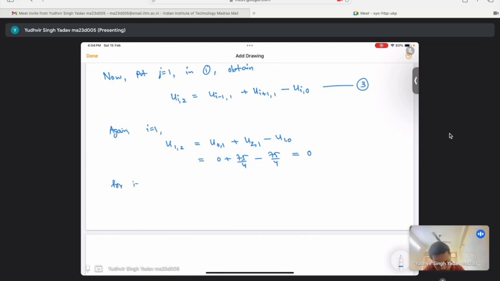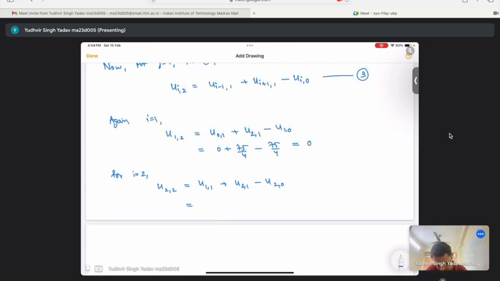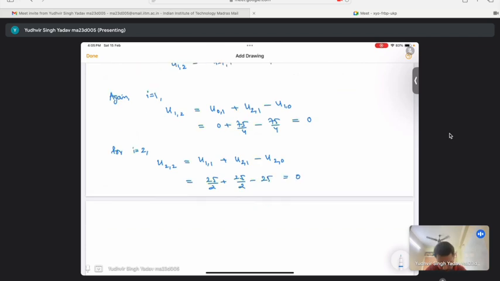For i equals 2, we have u(2,2) equals u(1,1) plus u(3,1) minus u(2,0). It will be 25 by 2 plus 25 by 2 minus 25, that is again 0.